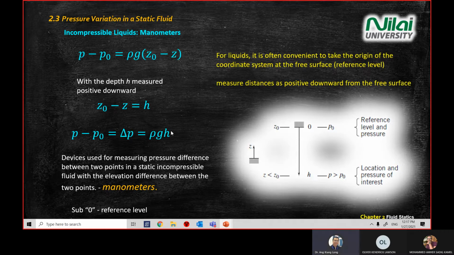If you go up, the pressure will decrease. So remember, go down, pressure increases. Go up, pressure decreases. Go down, positive. Go up, negative.